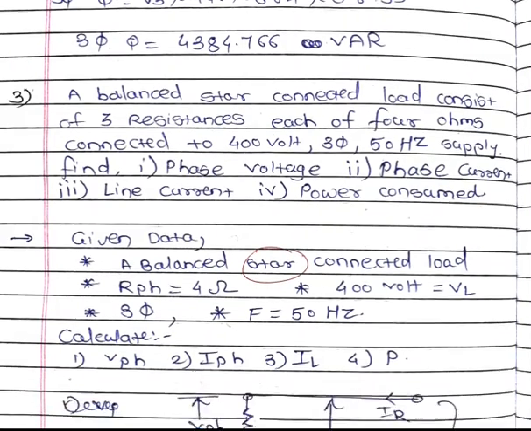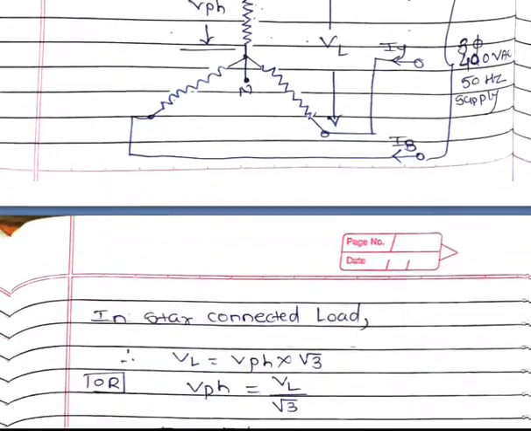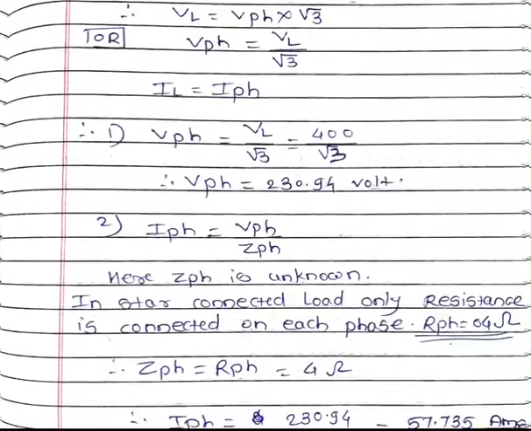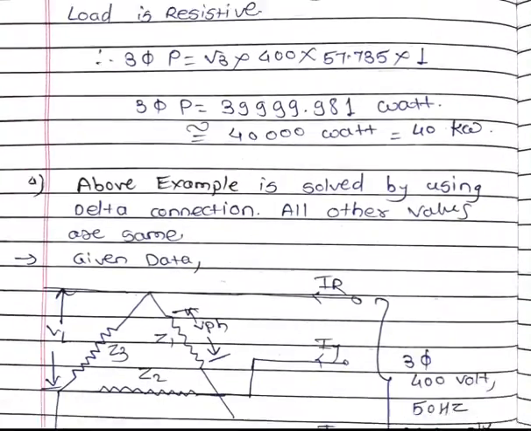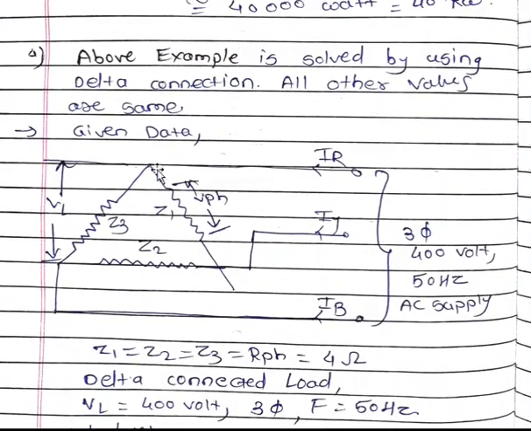Now we solve this example, numerical number 3, by delta connection. In delta connection, the circuit contains only resistive elements. Therefore, Z1 is equal to R1, Z2 is equal to R2, and Z3 is equal to R3.